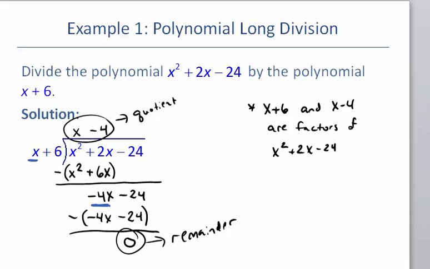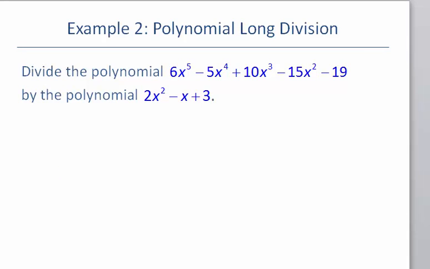Okay, so let's move on to another example. The examples you'll see will get just a little bit harder with each one that we do. This one we want to divide 6x to the 5th minus 5x to the 4th plus 10x to the 3rd minus 15x squared minus 19. Right now I'm going to check that I've got a 5th, a 4th, a 3rd, a 2nd.